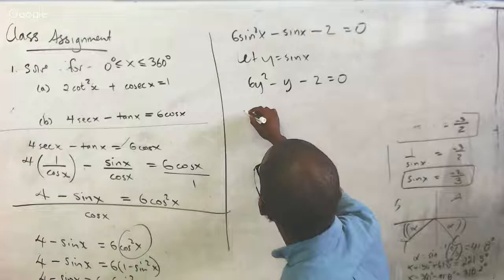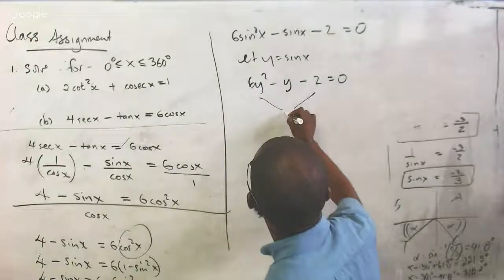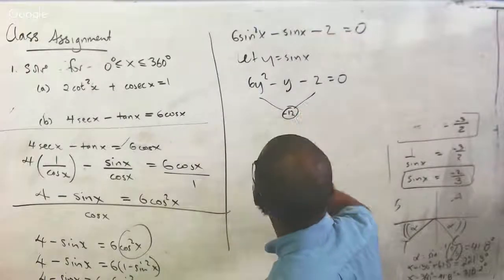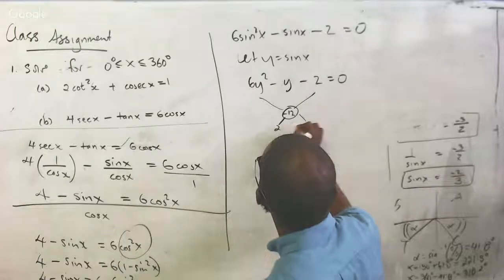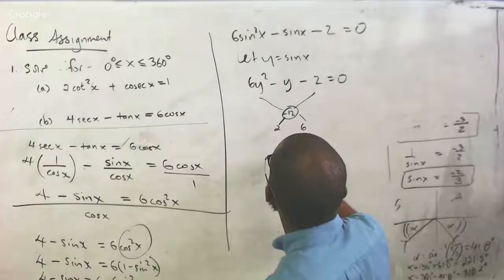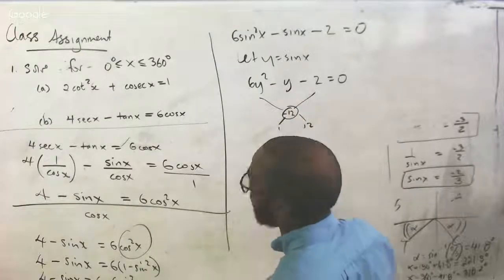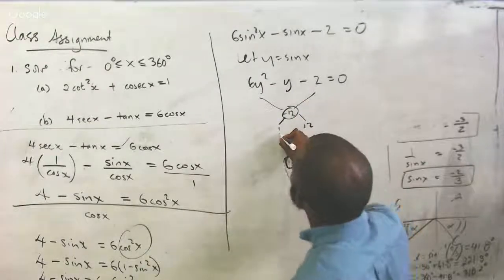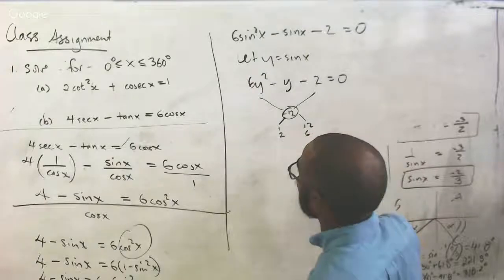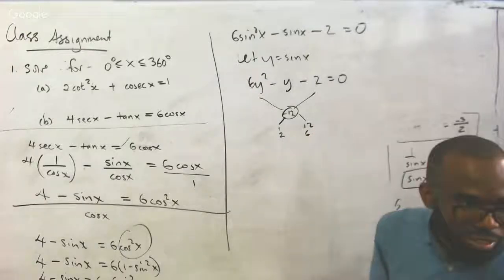What are the factors? Well, this is negative 12. What are the factors of negative 12? Well, it's either 2 and 6, or it can be 1 and 12, which is clearly not it, because I need to subtract or add to get 1. I know it's 4 and 3, but I need to show you a systematic way in the exam if you're under pressure.